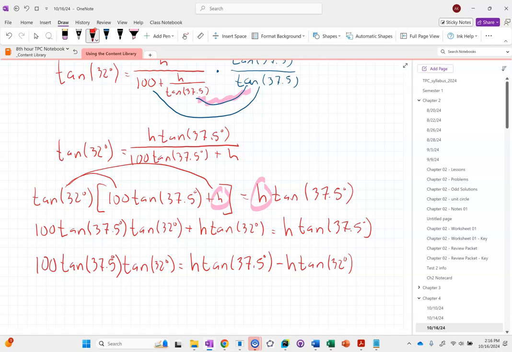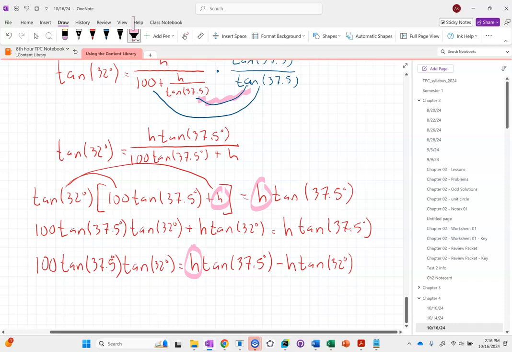So far, so good. Now here's my question. I have h's in two separate locations. What can I do to get those h's into one single spot?